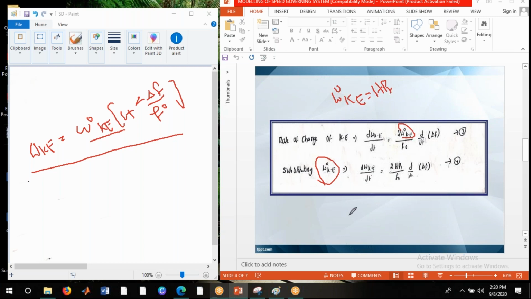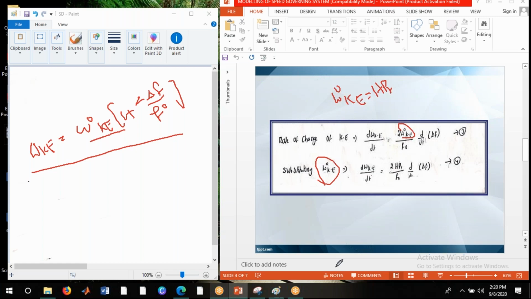If you get any problems based on this topic, you have to use this equation. They will ask what the kinetic energy is at the initial condition and what the kinetic energy is at the final condition. And one more thing, they will ask what the system experiences as a momentary power supply and at what rate the frequency increases.